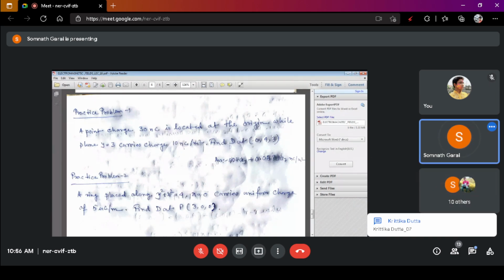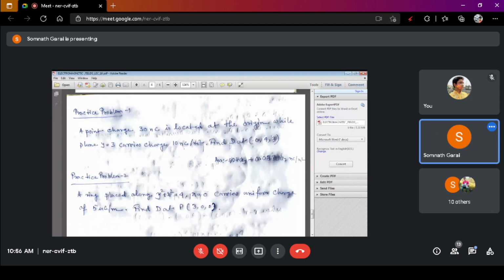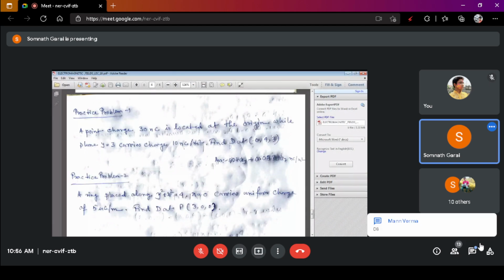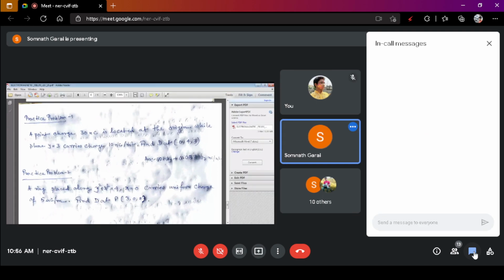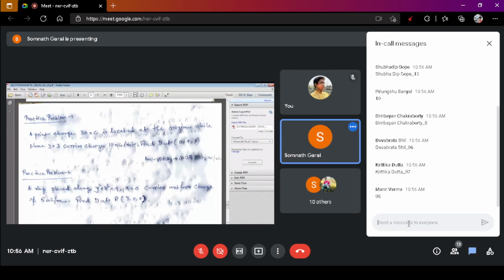Any other else? Roll number 3, roll number 11, roll number 13, roll number 10, roll number 5, roll number 6, roll number 7, roll number 8, roll number 14. Any other else?